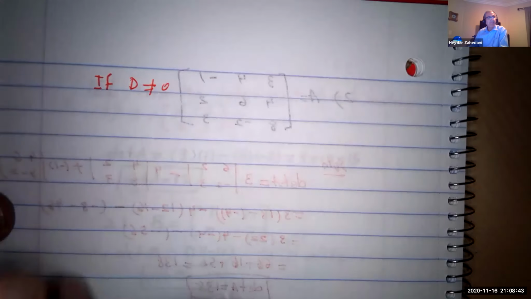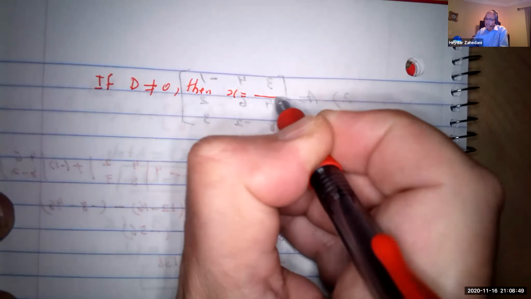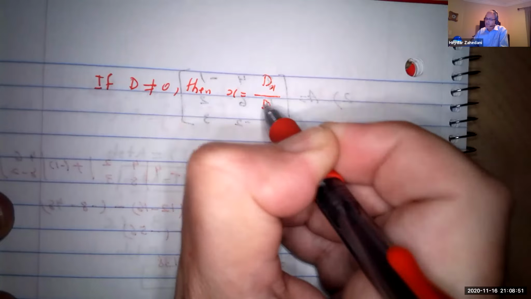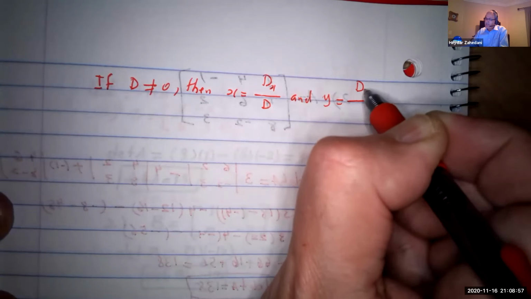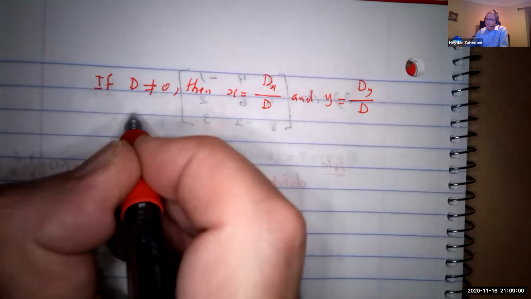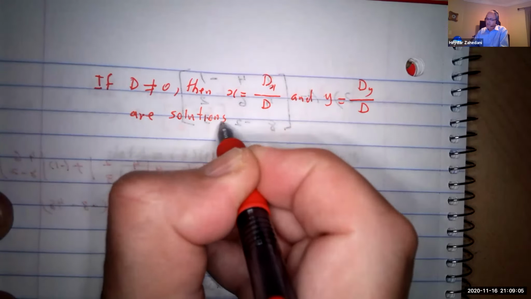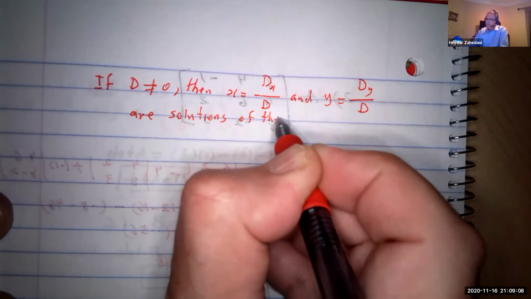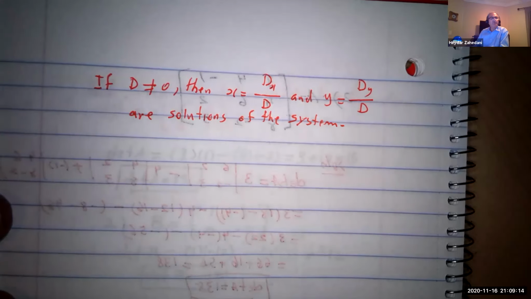So the conclusion is that if D is not equal to 0, then x equals Dx over D, and y equals Dy over D are going to be our solutions of the system. So we get one solution.